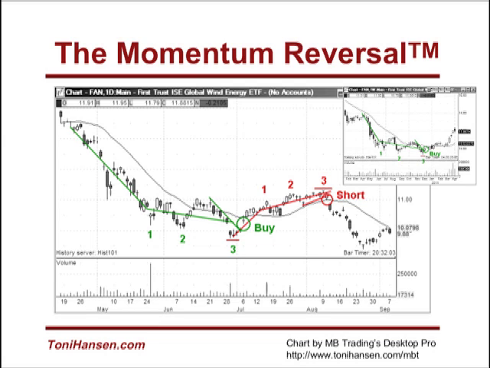And I like to show you guys a lot of variations because the fact is, things aren't always textbook. You're going to see variations. But there's certain characteristics that are going to increase your odds, and then there's characteristics that are going to decrease your odds. So when you have the lows that are evenly spaced, that's going to increase your odds on the setup.